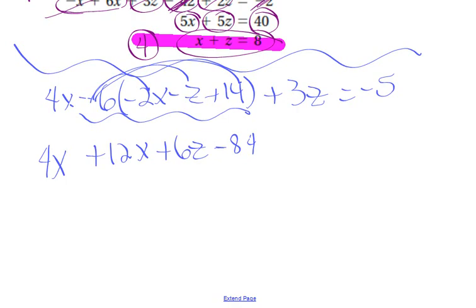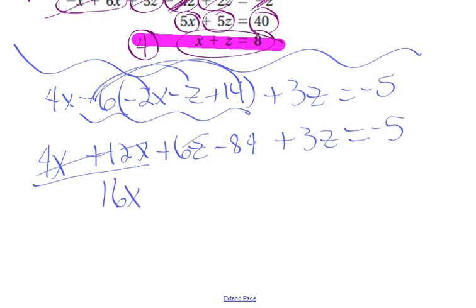Now, continue to carry down the rest of your terms. 3z equal negative 5. Now let's combine all like terms. Well, we've got a 4x plus a 12x. That's going to be 16x. And we have a 6z plus 3z. That's going to be a 9z. And then we have minus 84 equals negative 5.